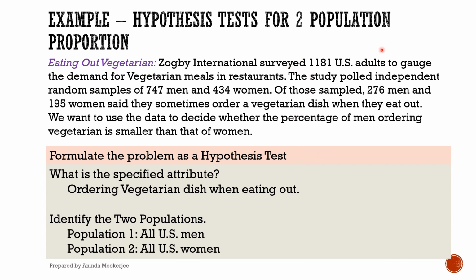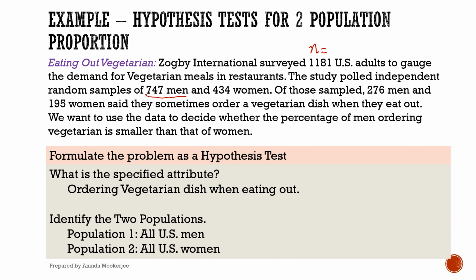Now, the total number of US adults surveyed was 1,181. That will represent our total N. So, N is the total number of US adults. It includes the men and the women. And here it says the study polled independent random samples of 747 men.